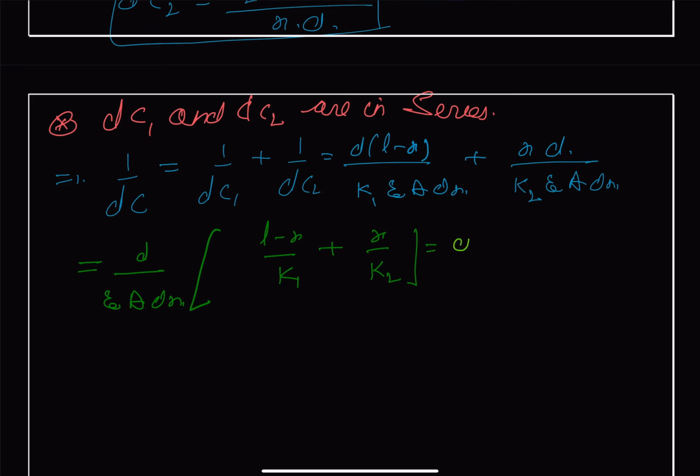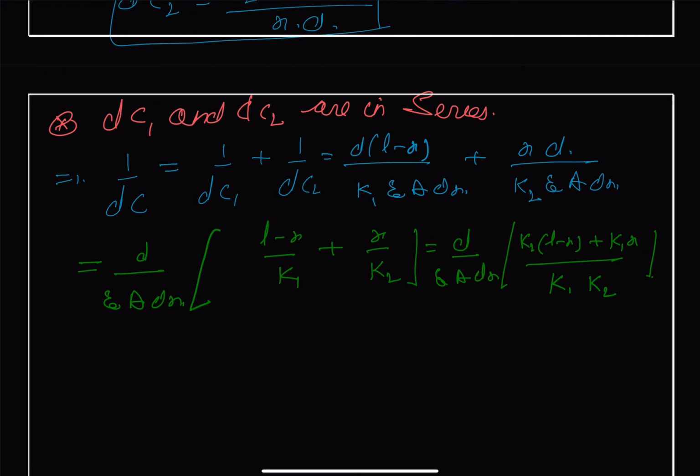So we get d upon epsilon naught A times dx, K1 times K2, and that will be equal to K2 L minus x plus K1 times x. So now we can find out our DC.